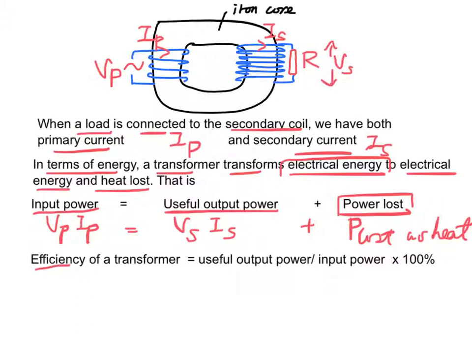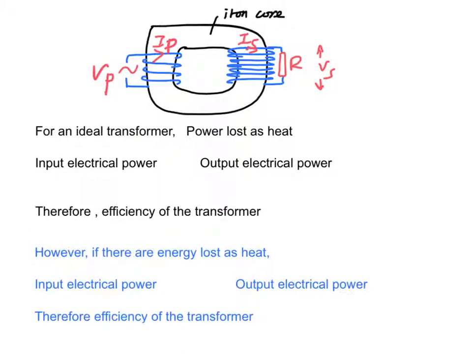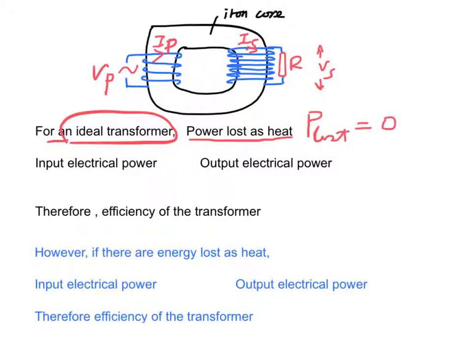The efficiency of a transformer, η, is equal to the useful output power VsIs over the input power VpIp, times 100%. For an ideal transformer, the power loss as heat is equal to 0.